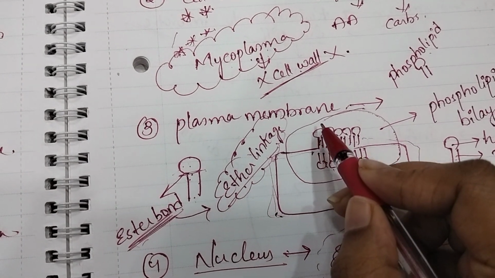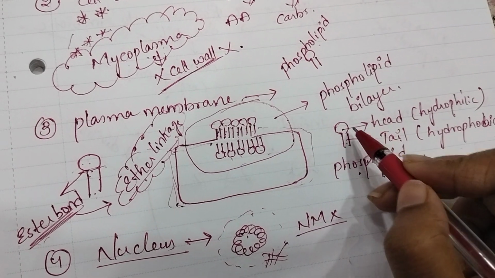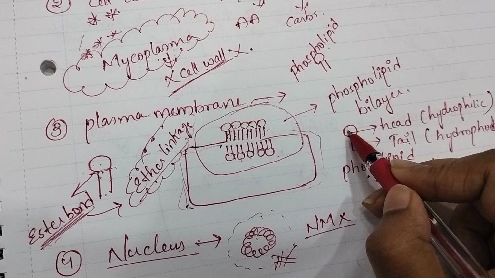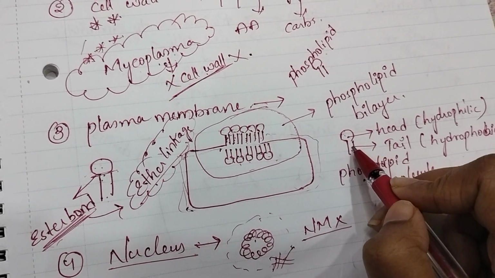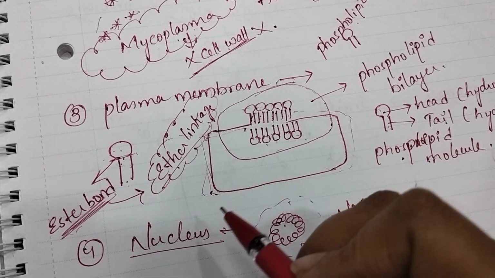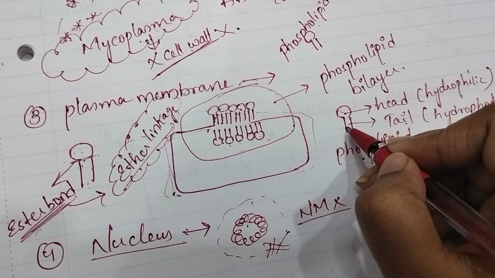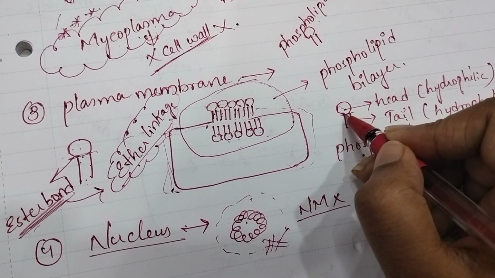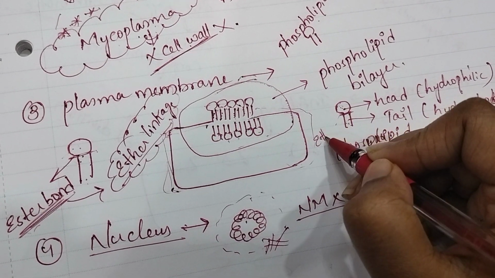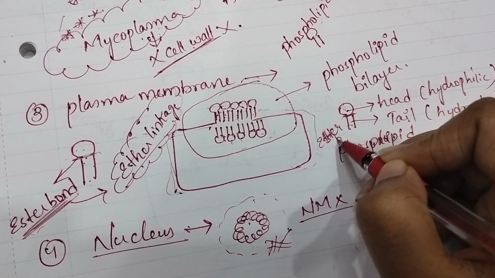If you see one phospholipid molecule, it has a hydrophilic head and a hydrophobic tail. Between the head and tail there is a connection, and this is called an ester bond.